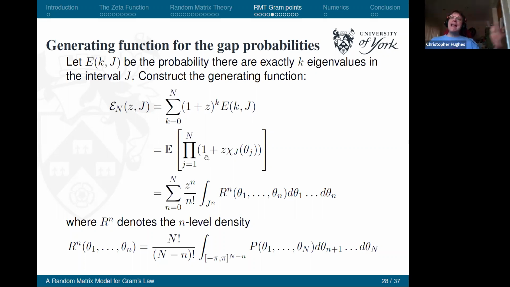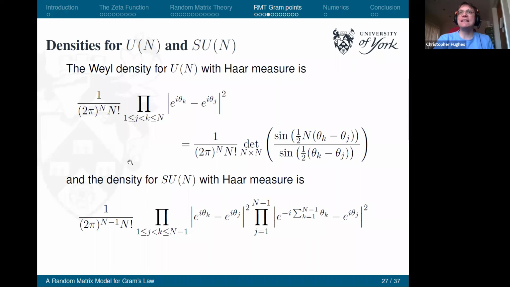And then you can expand out the brackets and you get a sum of z to the n over n factorial times the integral of something known as the n-level density. If you think about this probability density here, this is the distribution for having eigenvalues at theta 1, theta 2, theta 3, all the way around to theta n.